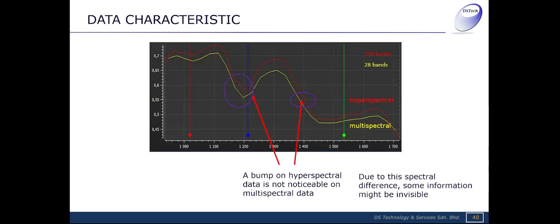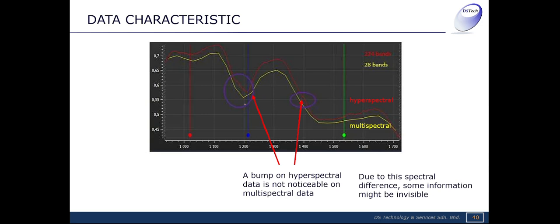For example, you can see here the hyperspectral has a more continuous spectrum, and you can see the bumps, an important detail that you can't really see in multispectral because of information loss. This is a disadvantage for multispectral, because the information provided is not as accurate compared to a hyperspectral camera.